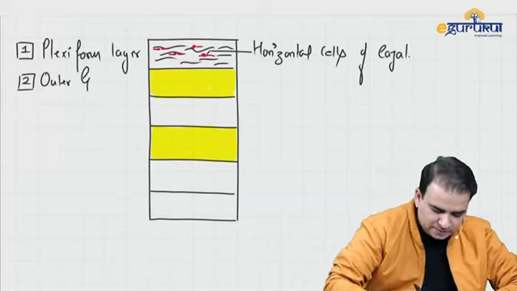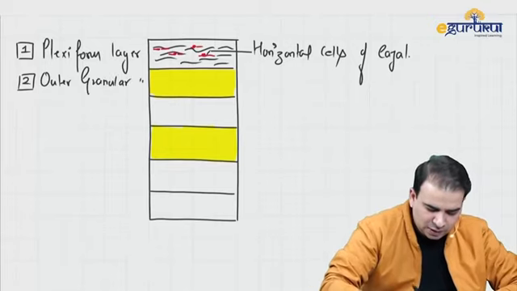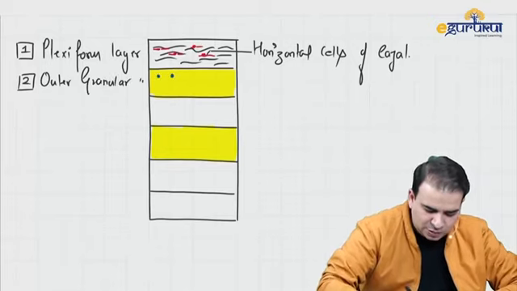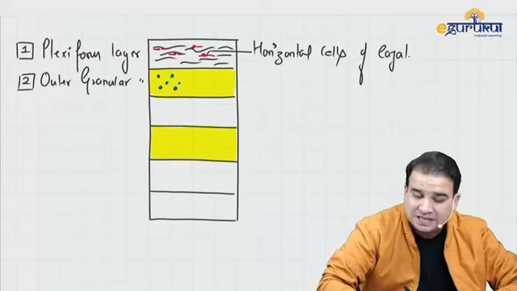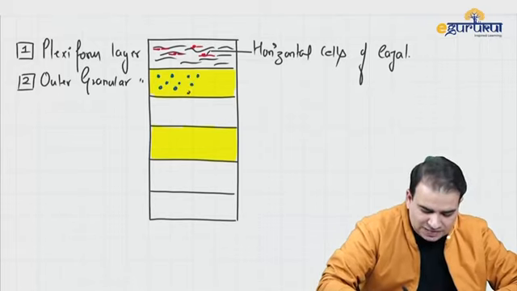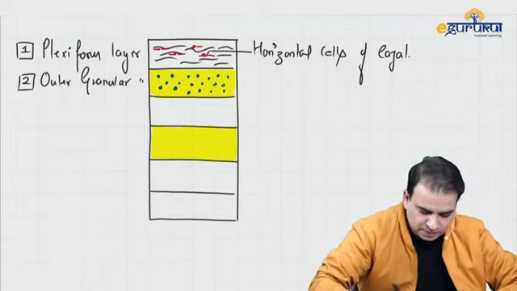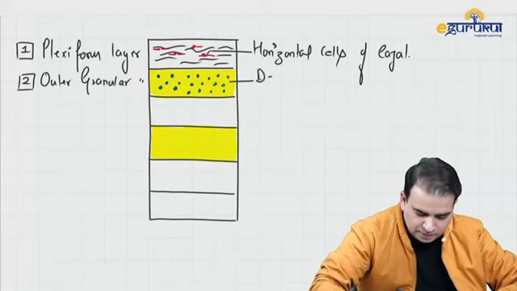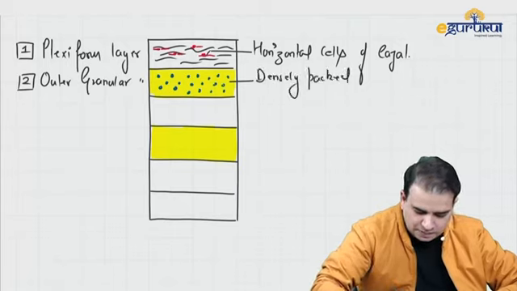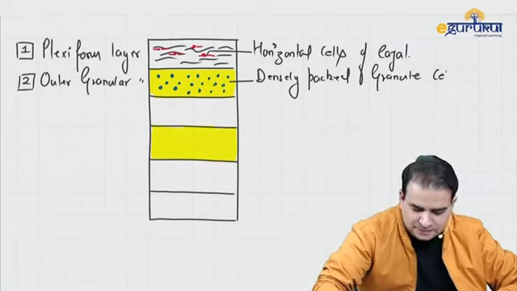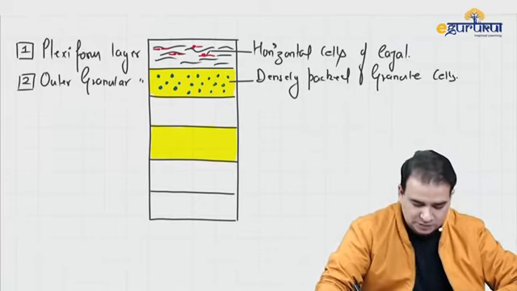It has these densely packed granule cells or stellate cells. You can call them stellate cells also.